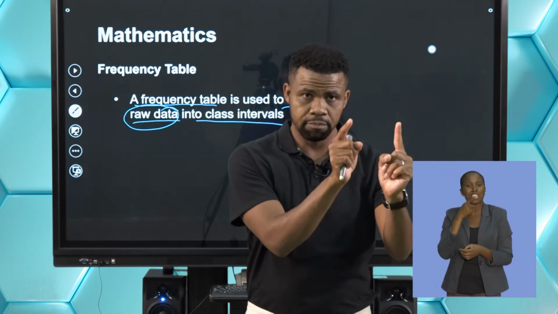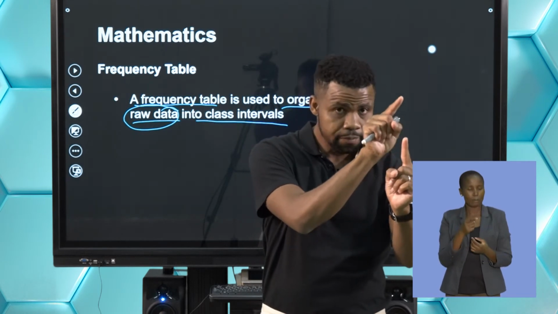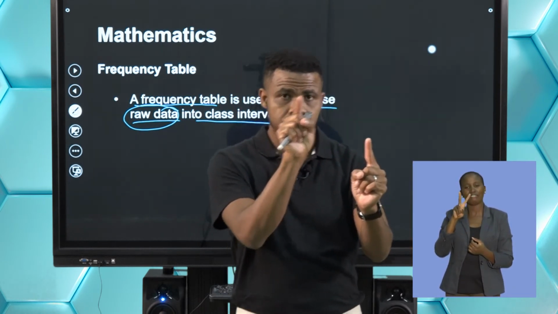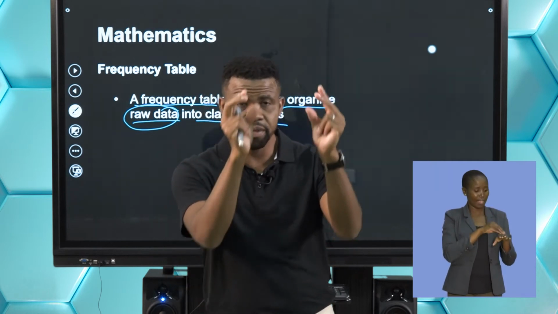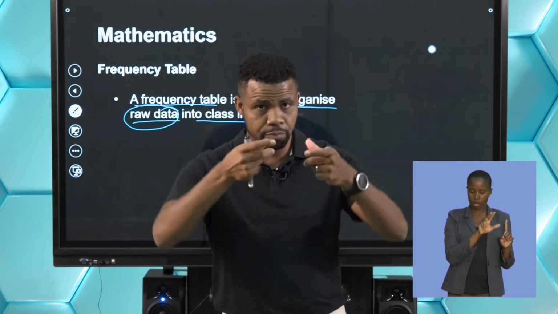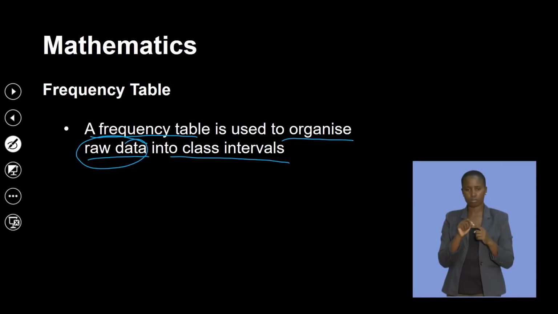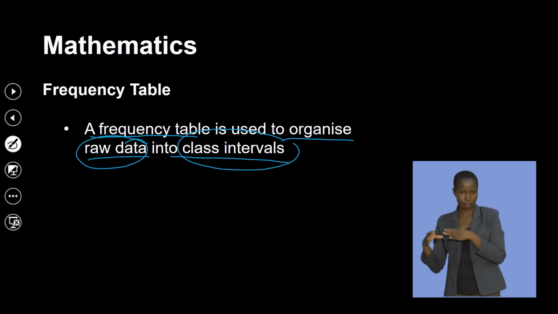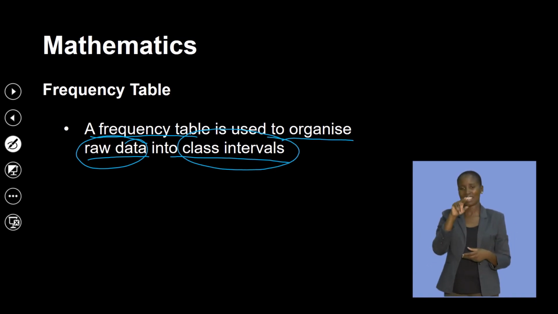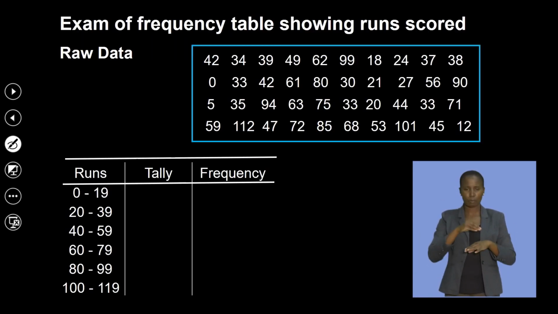And the interval, meaning from 0 to 9, 10 to 19, that will be the interval. We're grouping raw data into class intervals. So class intervals will be like age, the category, between the ages of 9, 10, and so on.